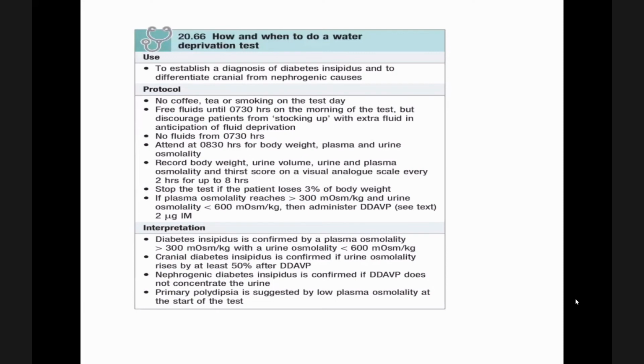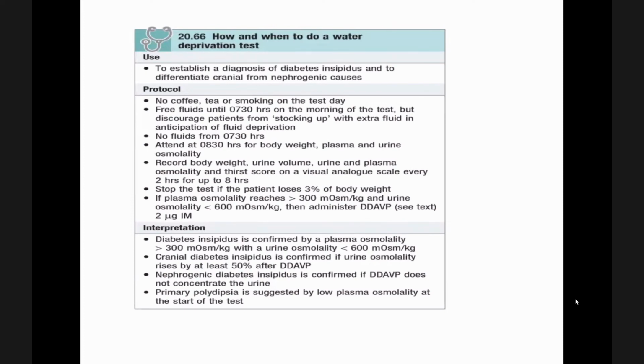Water deprivation test is confirmatory and differentiates peripheral and central diabetes insipidus. See the Davidson box, to establish a diagnosis of diabetes insipidus and differentiate between cranial or nephrogenic causes. We usually limit the fluid intake during the morning, and ultimately we have to measure plasma osmolality.